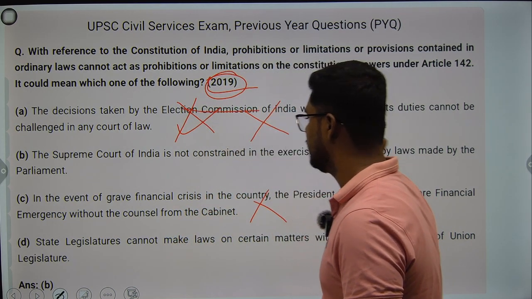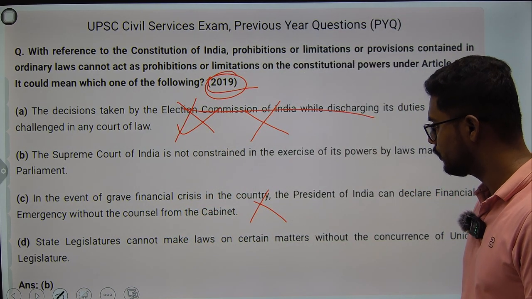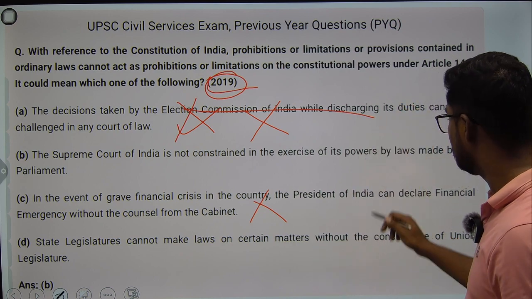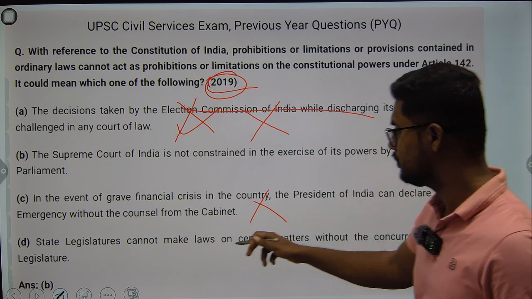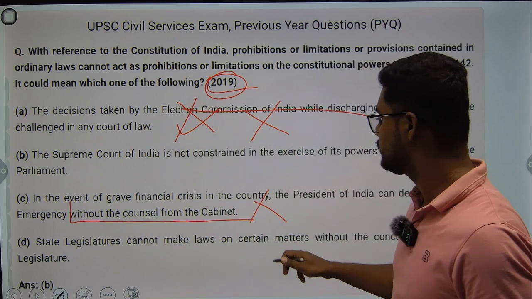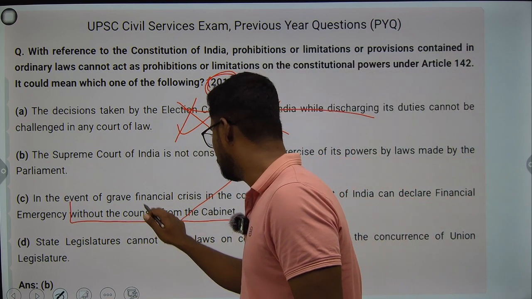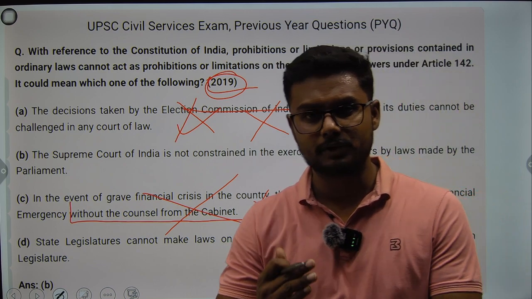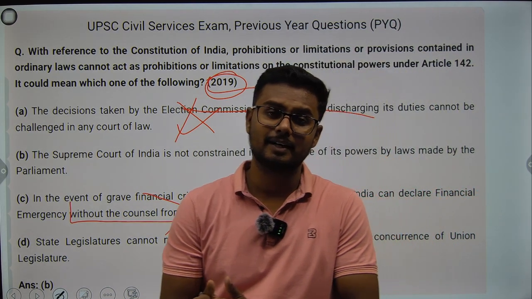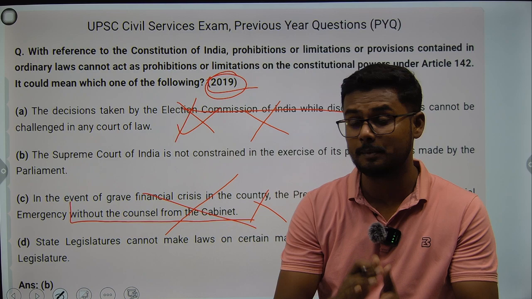So eliminate A, then look at statement C. In the event of grave financial crisis in the country, the President of India can declare financial emergency without the counsel from the cabinet. This shall be easily eliminated because the President acts on the aid and advice of the Council of Ministers. Please remember.